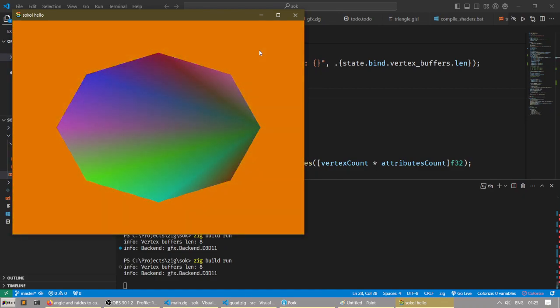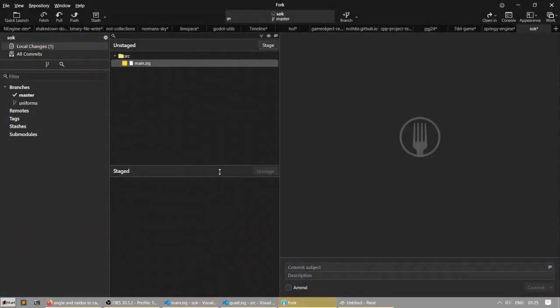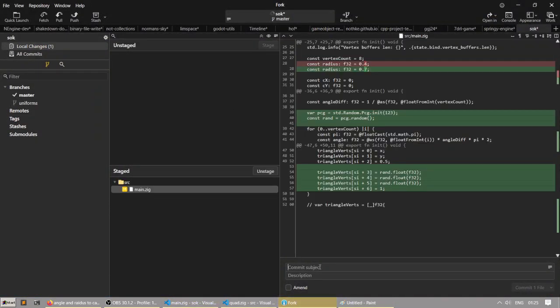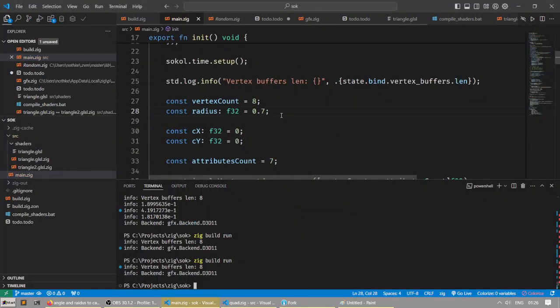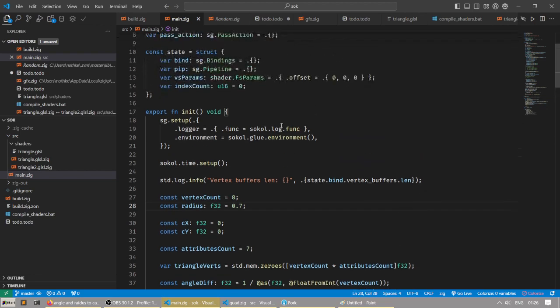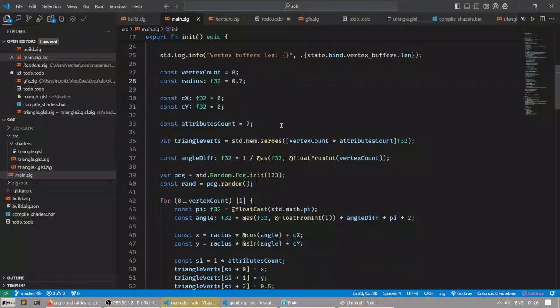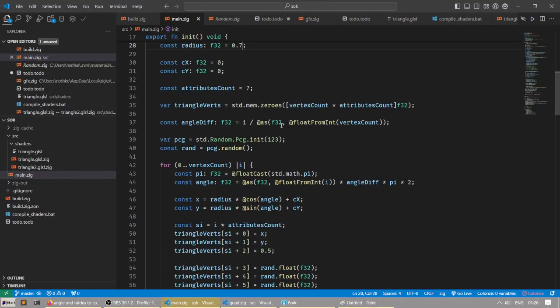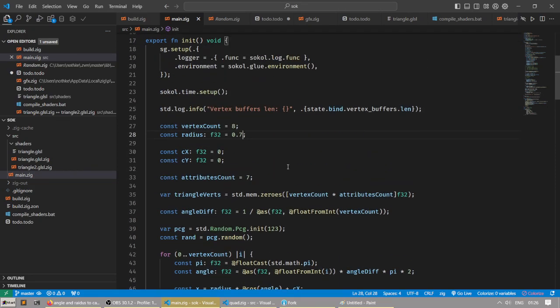Okay, now that we have our colorful circle, let's render it as, yeah, let's increase the number of vertices.